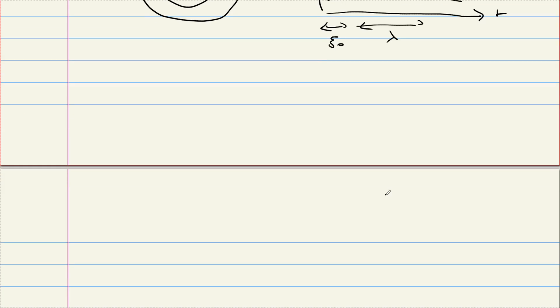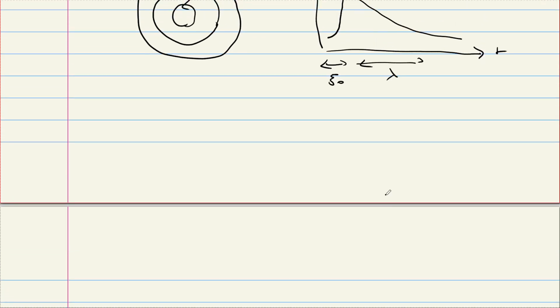I have one last line of calculation, and then after that I'll finish. If I have J from the London equation, I have the vector potential, and the vector potential is minus m over e squared n_s times J. That means this thing is equal to minus a lambda squared 1 over r e_phi.